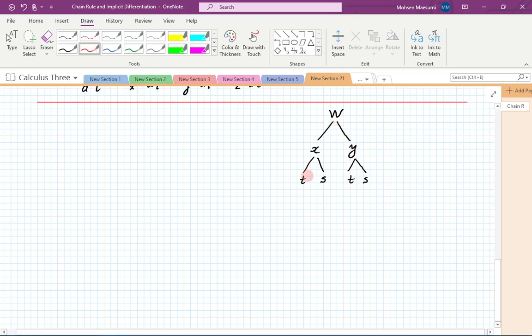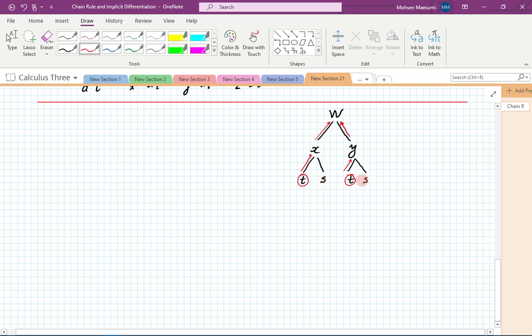Here let's indicate that if I focus on just t, if I change t, t influences x, and then x influences w. However, on this path also y is going to change, and once y changes, then w is going to change as well. So let's for a moment assume that we are holding s constant, just not to crowd the situation.